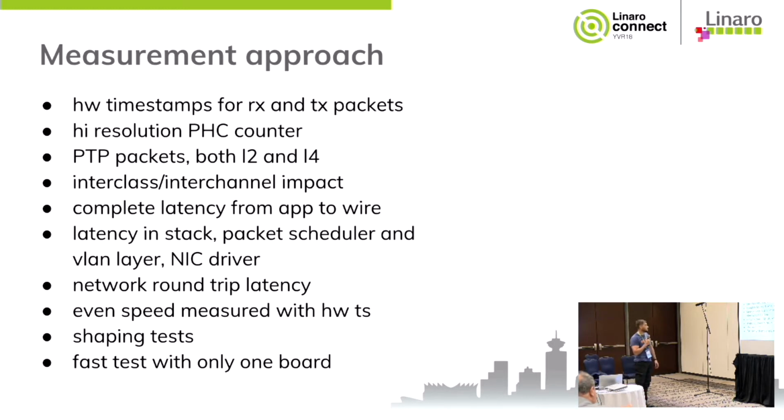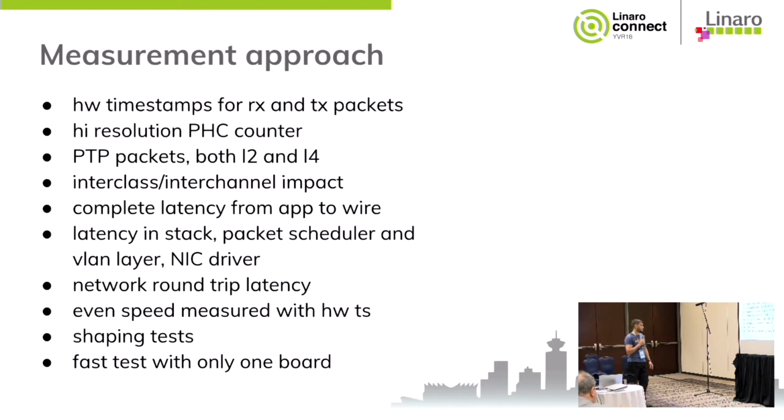So we can get the complete latency from application to the wire, and from the wire to application, but for this we need to synchronize the PHC counter with the system counter. This is done with the phc2sys daemon from Linux PTP. Also we can break this down into the latency that a packet spent in the stack, in the packet scheduler, the VLAN layer, and the NIC driver separately.